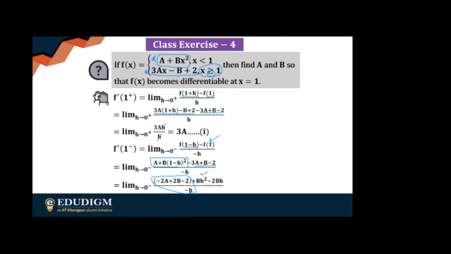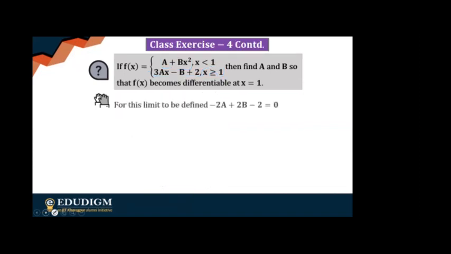If H is approaching 0, this is going to be something in general undefined. So it's getting either to a very big positive number or negative number, etc. So for the limit to be defined, this should be 0. Otherwise, this would have been something by minus H, where H is tending to 0, so this would have been undefined. So this is what we have. From there, we have a relation between A and B.